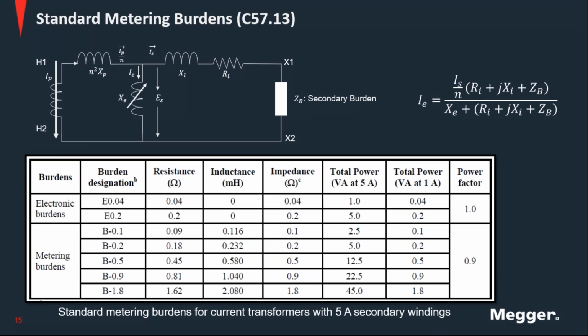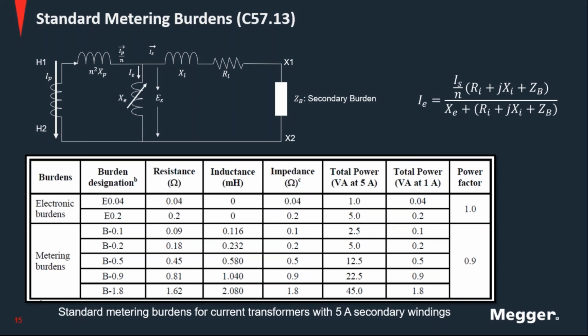Basically two things can defeat the performance of the CT. You are exceeding the load, or something is happening inside the CT that is affecting the output, and then it cannot supply the load even though it is within the limits. So that is also what the assessment is about.